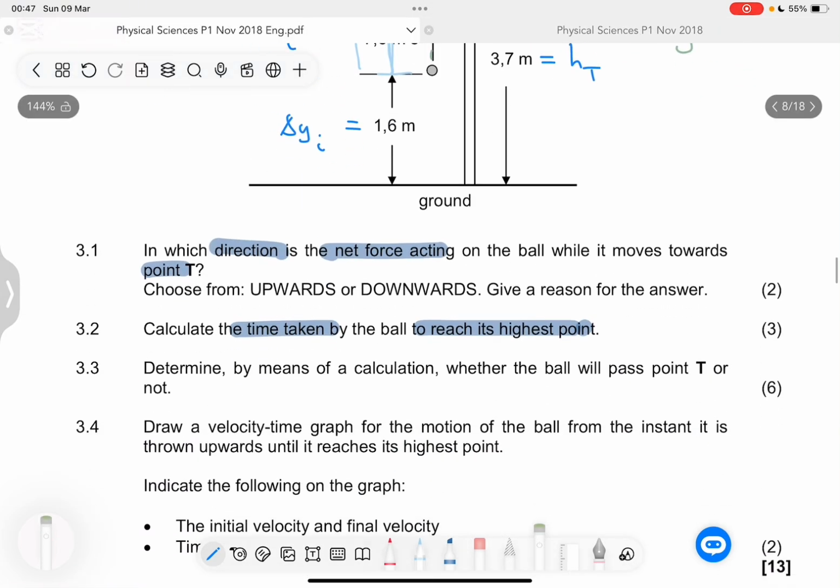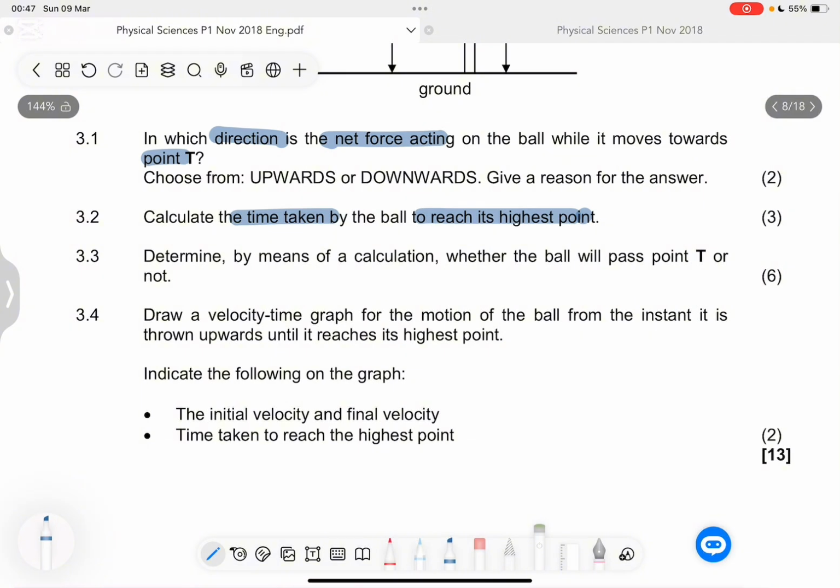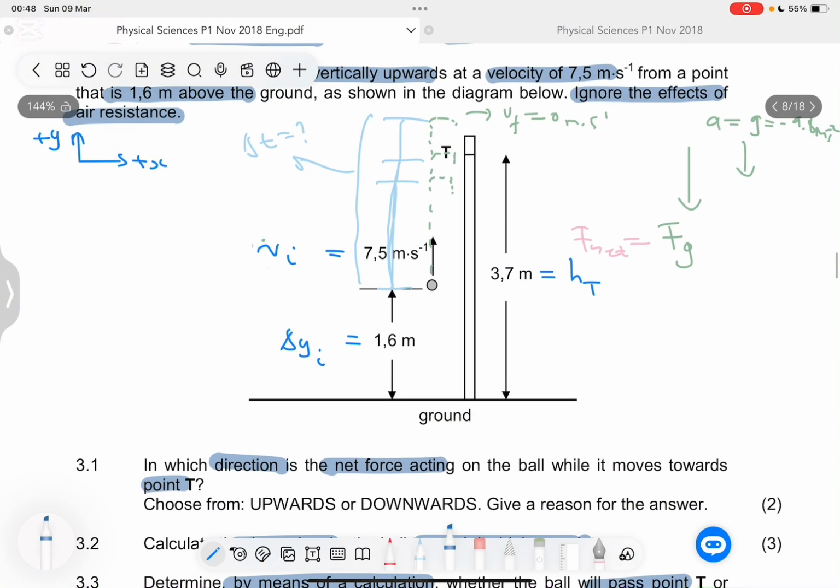Now we'll jump to the next question, which is 3.3, that says determine by means of calculation whether the ball will pass point T or not. Now what we are saying here is that we need to show using calculations whether our ball will be here, will be at T, or it will be above T. So this is another way of asking us to calculate the maximum point or the maximum height, right?